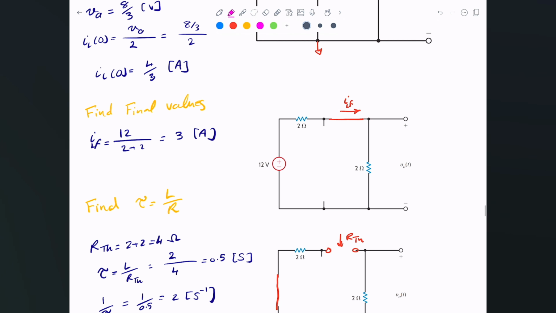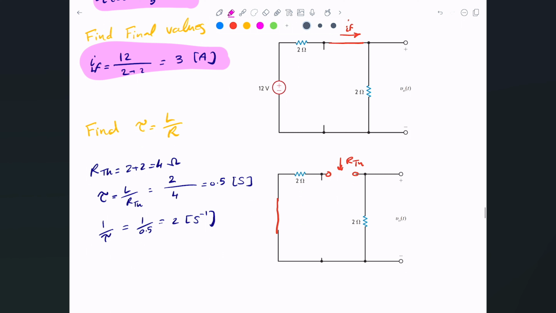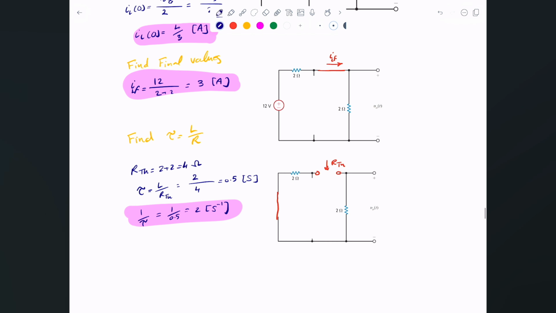Let me just highlight it. This is the initial value, this is the final value, and this is 1 divided by tau in here. So what we need to do is keep everything together, and we'll end up with IL of t being the I final, which is 3, plus the initial 4 divided by 3 minus 3, times e to the negative 2t.